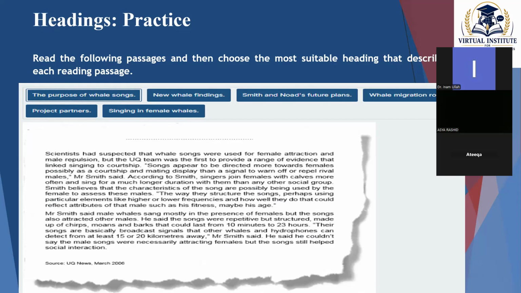Could you please explain it? Sir, when I read the passage, all the information is related to whales' findings. What is done with his singing. Other males also attract. The females also attract. So all the passage is related to whales' findings.